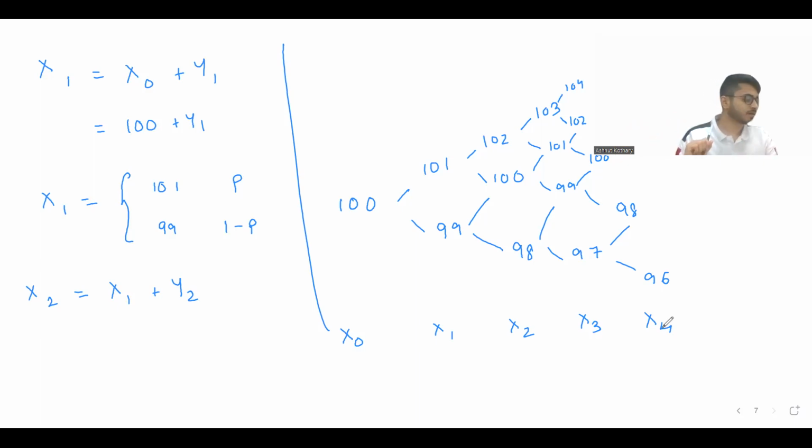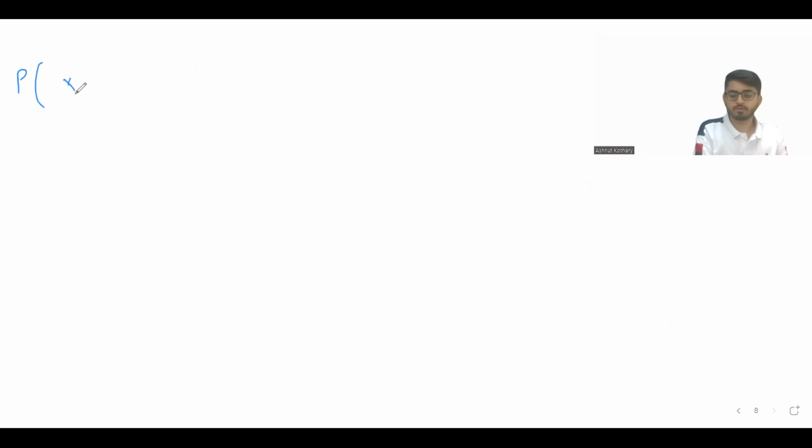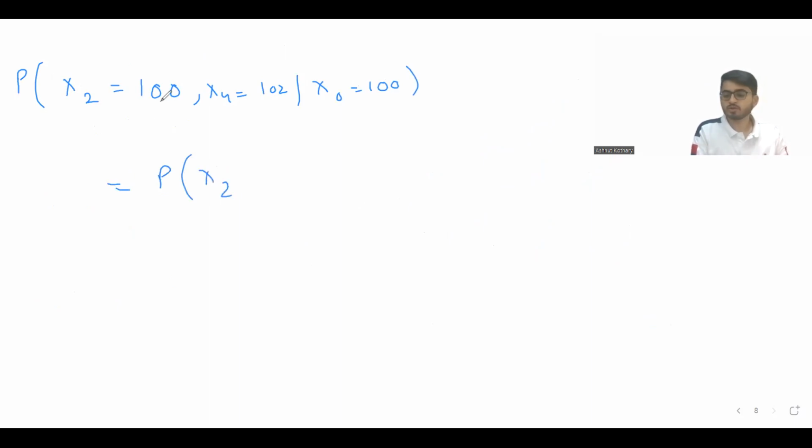For the second part, where we want X2 as 100 and X4 as 102. Now, this particular probability which we are looking for can be broken down this way. This is nothing but probability X2 equal to 100 comma X4 equal to 102.